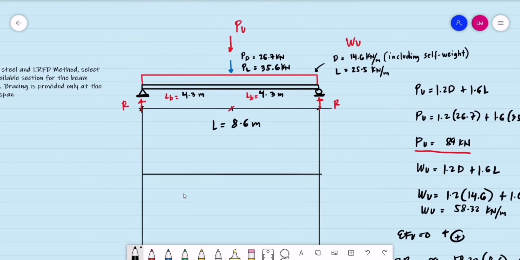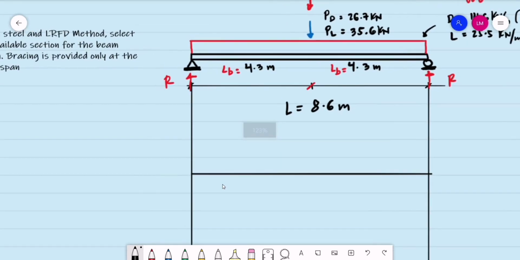If we are to draw our shear diagram, we have now the value of our R equal to 295.276. So from 0, we go up to a magnitude of 295.